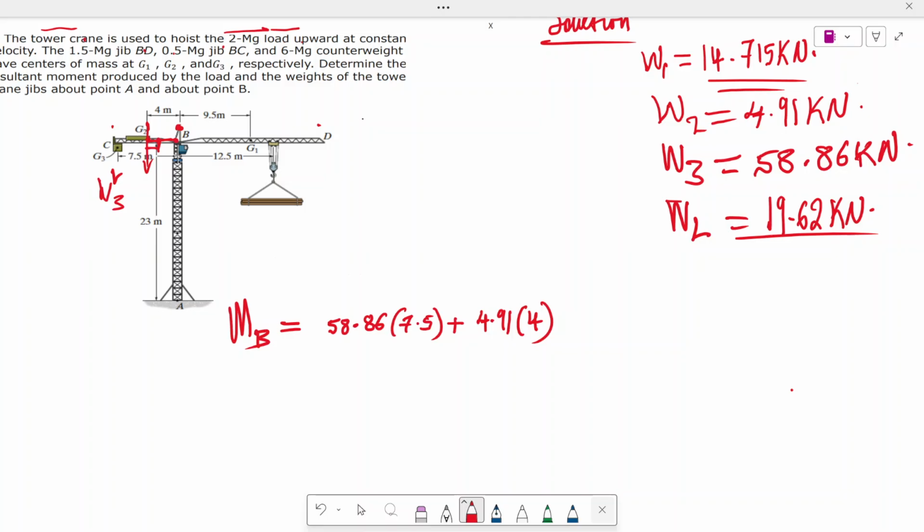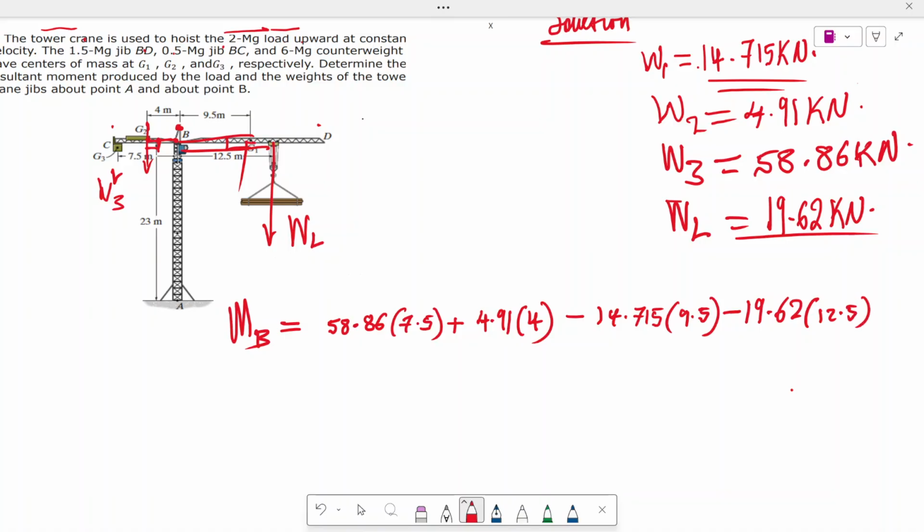And I say these ones will carry negative. So minus G1. What is our G1? That is 14.715 times perpendicular distance, which is 9.5. Now this one is what we are calling weight of the load, which is negative 19.62 times perpendicular distance, which is 12.5.